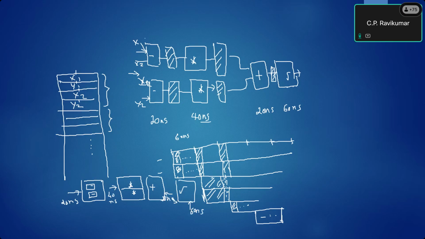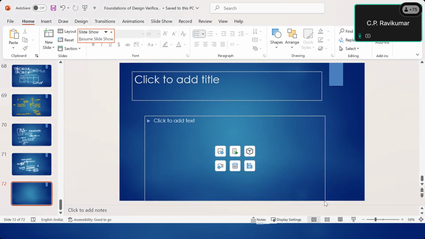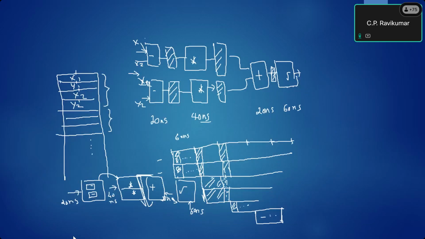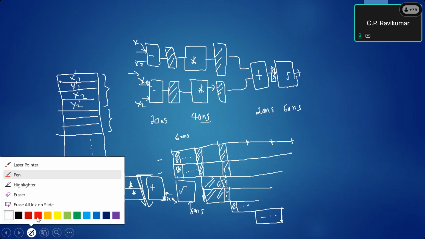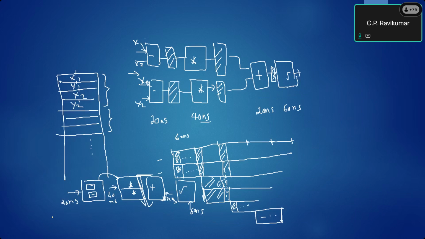And they could communicate the results. So when their computations are ready, they could send it to the other module, which may be waiting for them to send. Similarly, this could send its results here, and this could send its results here.